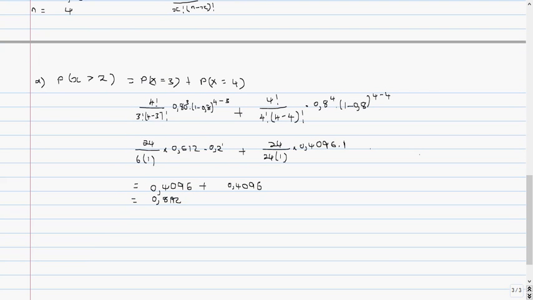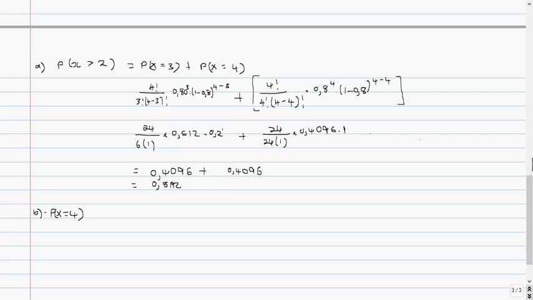Okay, so B says exactly 4, so P(X) is equal to 4, right? P(X) is equal to 4. That's exactly similar to this one that we have done, only this part, right? Only this part.